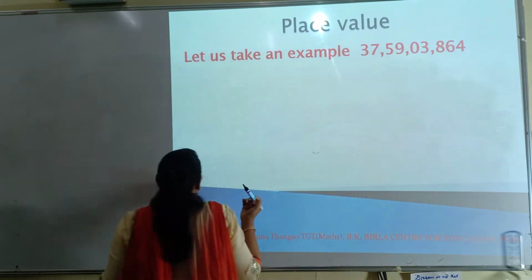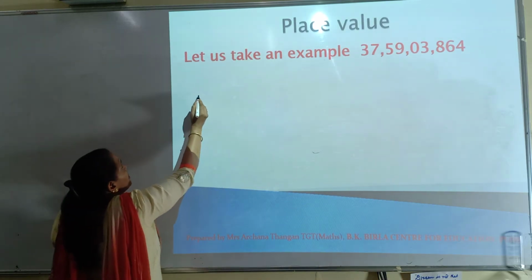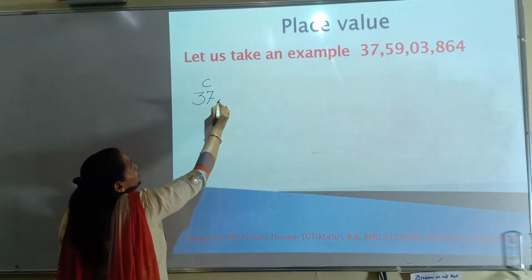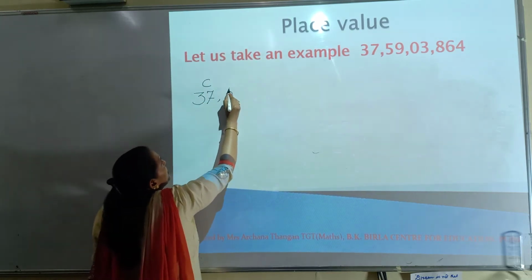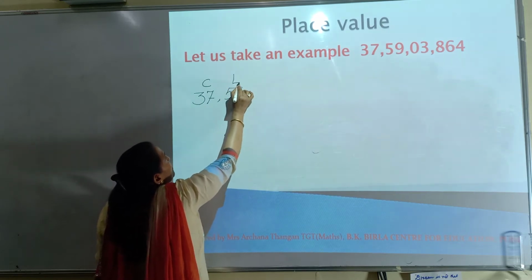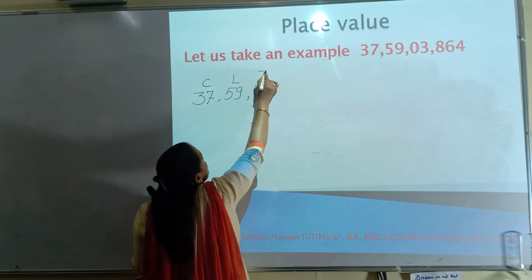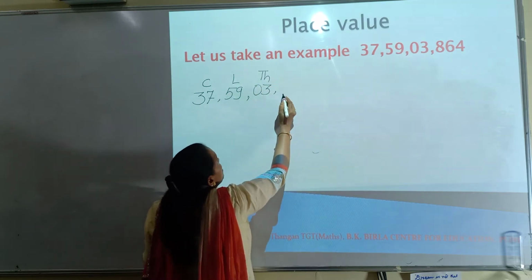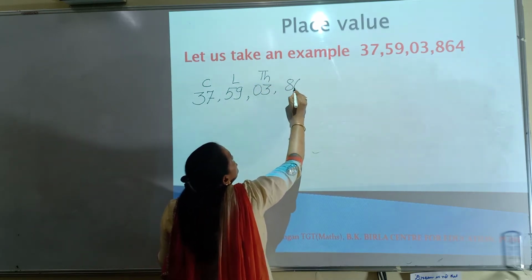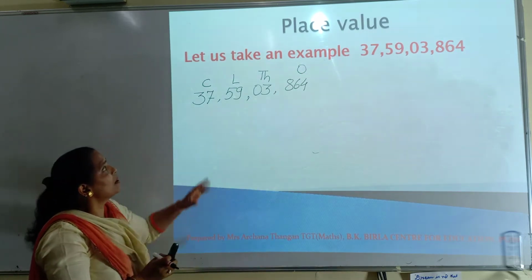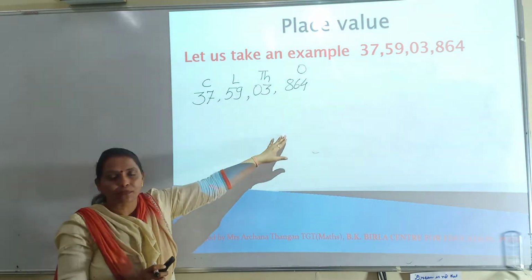Same number I am going to write. This is the crore period. Then 59 is the lakh period. 03 is the thousand period. And last, 864 is the ones period. So, this number is divided into 4 groups.